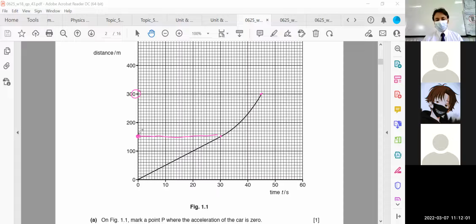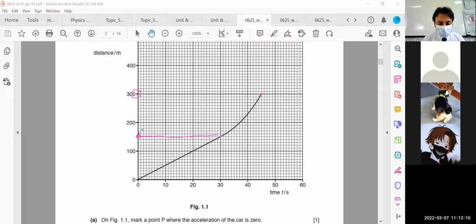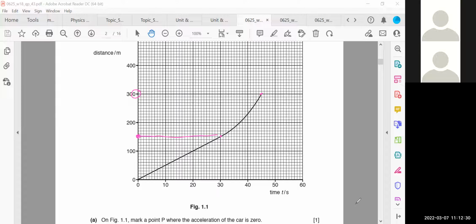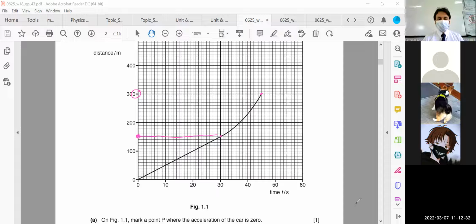What is the total distance between time 30 to 45 seconds? So will it be change in distance divided by change in time? So 150 divided by 15, which is equal to 10 meters per second.